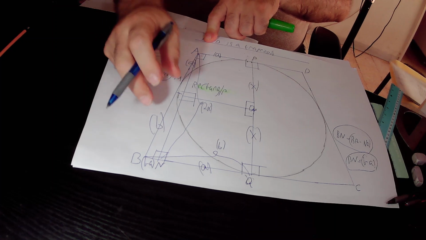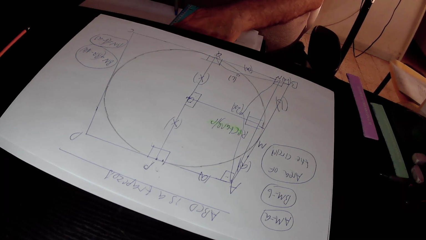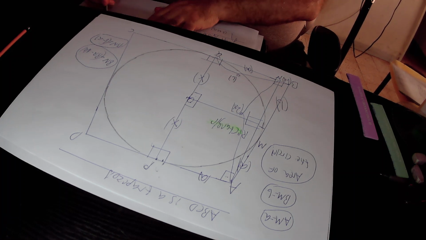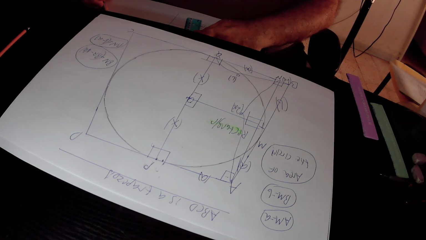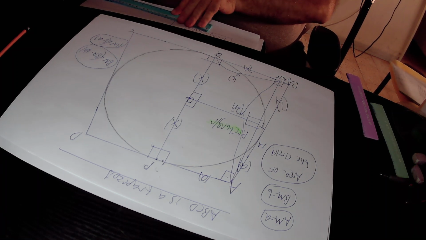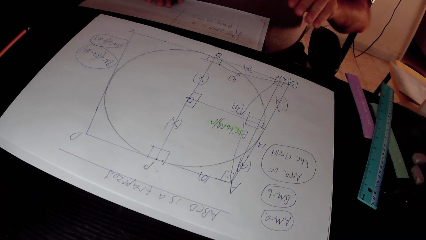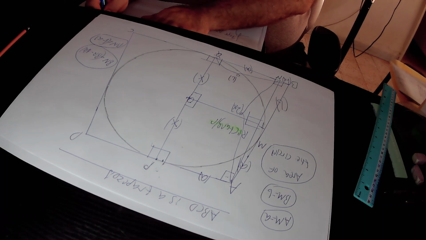The hypotenuse AB equals a plus b, BN equals b minus a, and AN equals 2x.